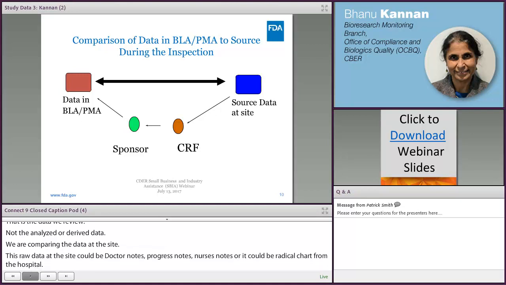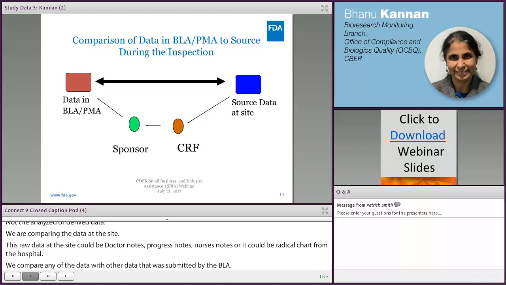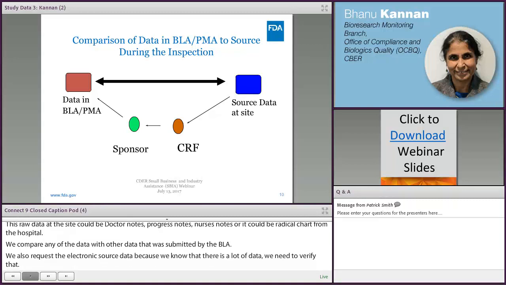And it could also be electronic source data, because more and more these days a lot of data comes in as e-source, so we do verify them. It could be electronic case report forms or any source data that is available at the site, we will verify.